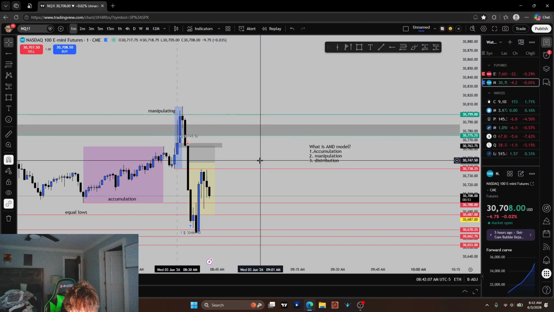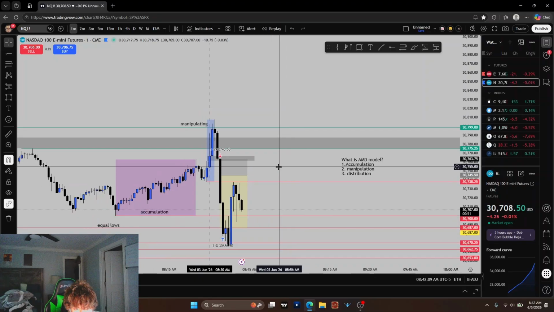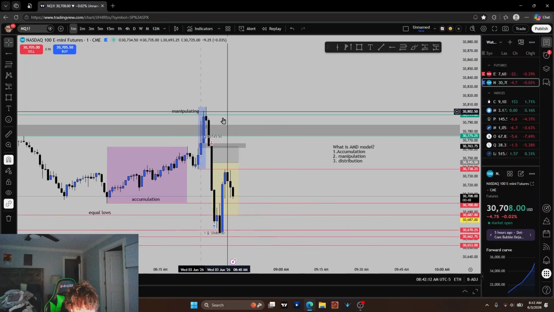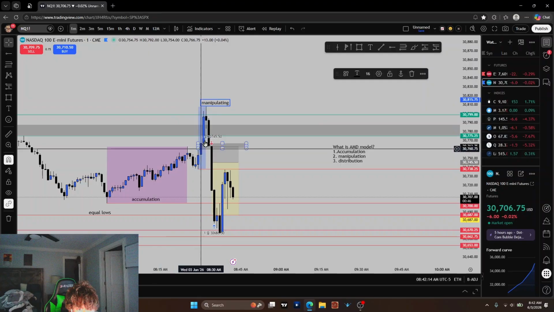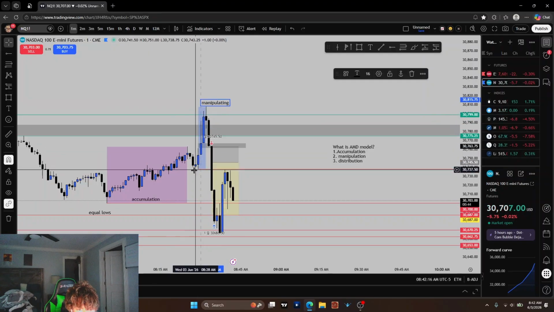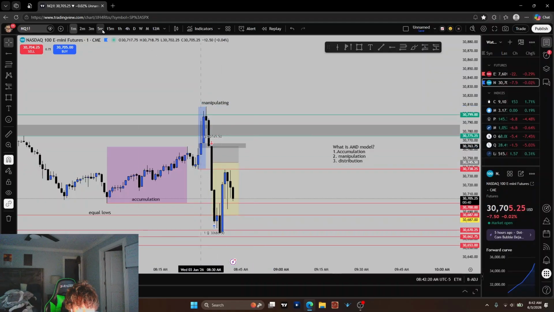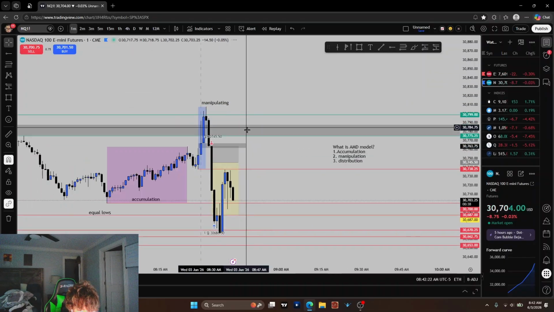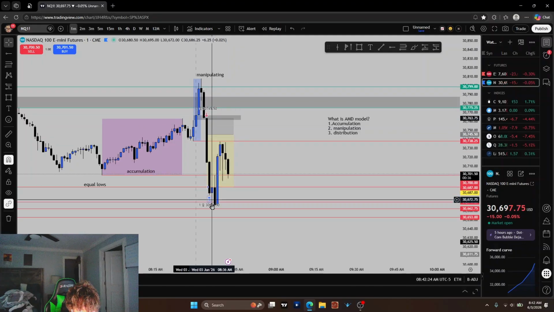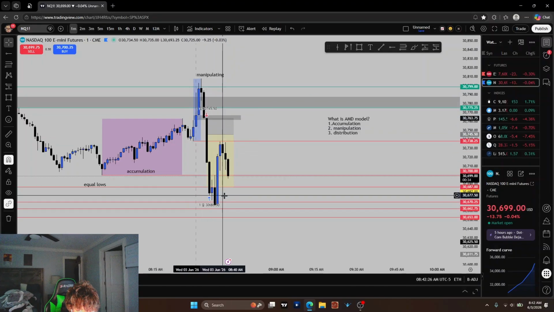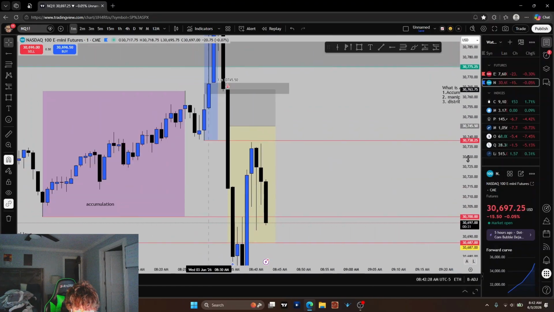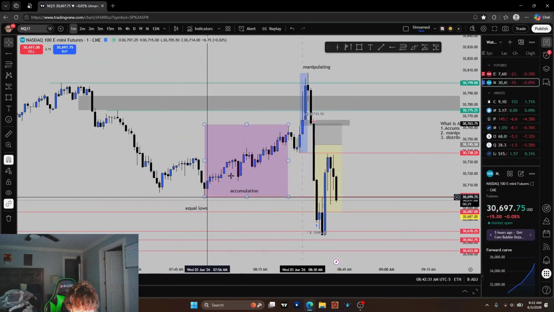I don't really like using that kind of term, but we're manipulating in this little leg here, right? Because market opens, we come up here, we take this high, we are delivering out of this gap, and finally we are distributing by sweeping all of these lows.